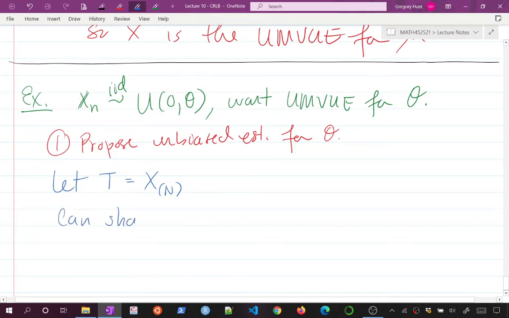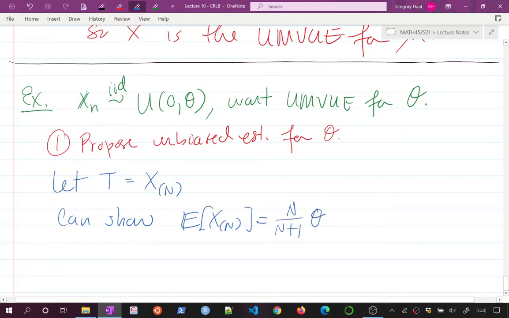We can show, and maybe we showed this in 451, that the expected value of the maximum is not quite theta, but let's just say it's n over n plus 1 times theta.